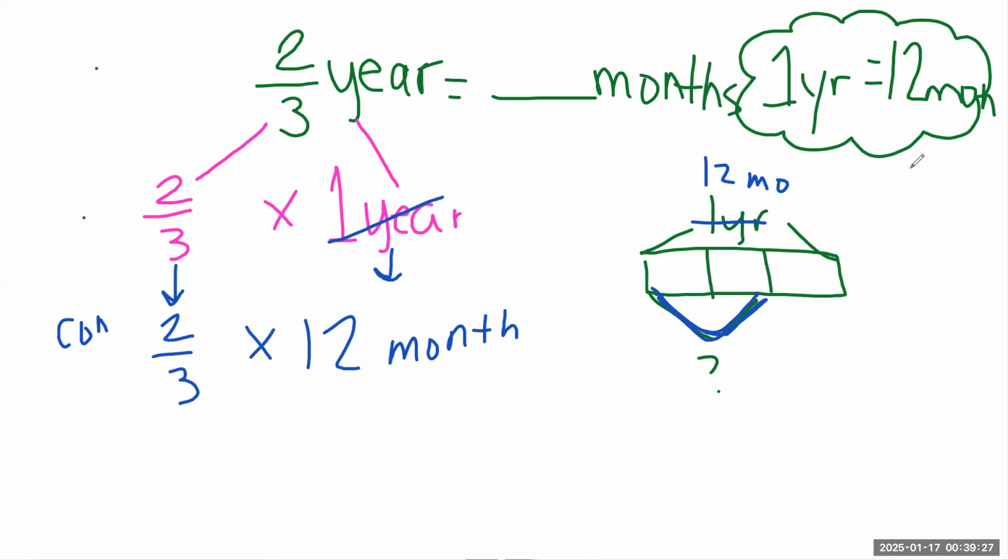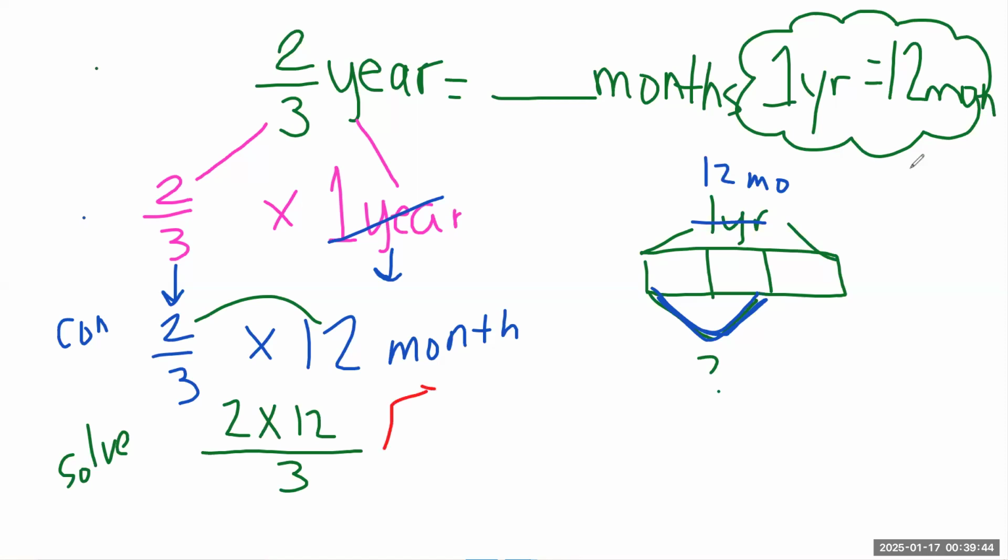Now I need to solve. I'm going to put everything in the numerator that goes in the numerator, which means the 12 is going to join the 2. 2 times 12. From here, you can either multiply first or you can divide first.